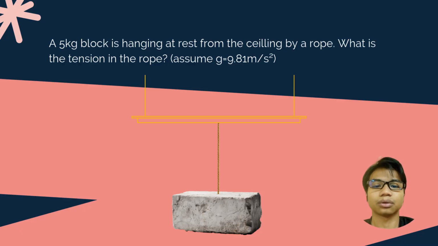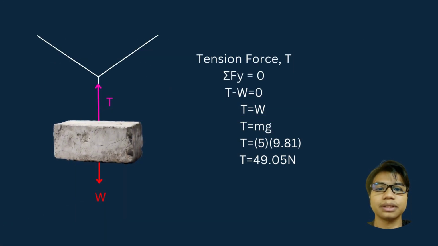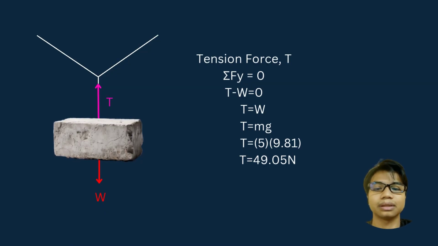So, to answer this question, first we need to look at a free body diagram. From this free body diagram, we can see that the tension acts upward, opposite to the weight of the block.